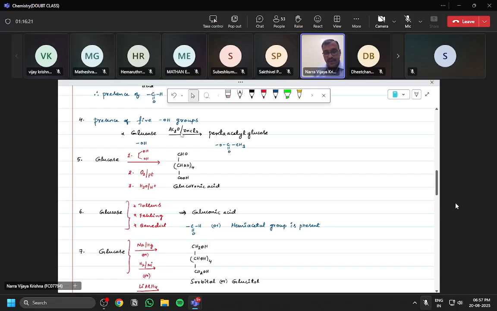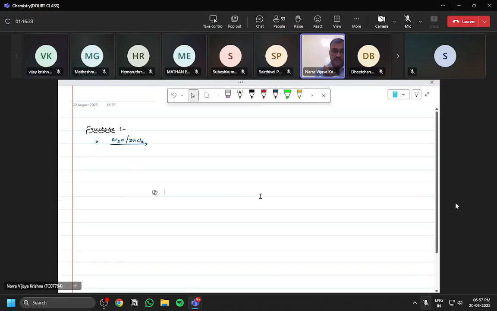Glucose with acetic anhydride forms pentaacetyl glucose. This reaction confirms the presence of 5 OH groups. That's why you got 5 acetyl groups. Same reaction I'm doing here. With acetic anhydride, I got the pentaacetyl product, the pentaacetate of fructose. So this reaction confirms the presence of 5 OH groups in fructose also.